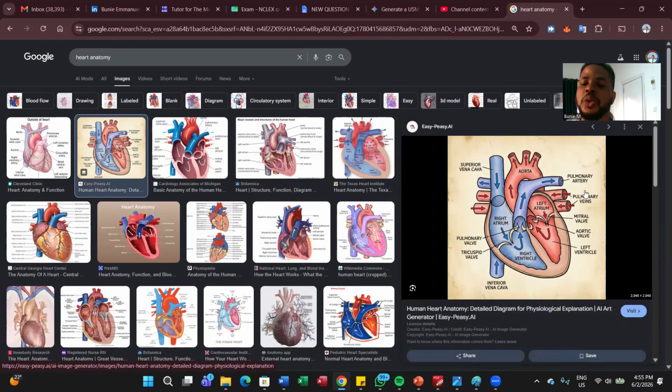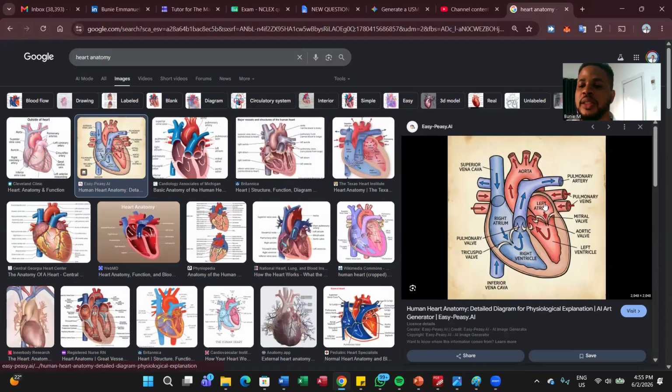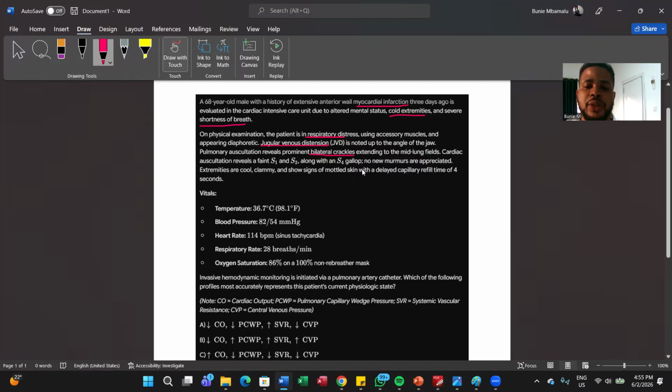If we're having issues with our lungs, it means that we can expect a low pressure in the left atrium and reduced cardiac output, which seems to be what we're having here. And that's often the case if we have a dysfunction in the left side of the heart, which is usually synonymous with a cardiogenic shock.